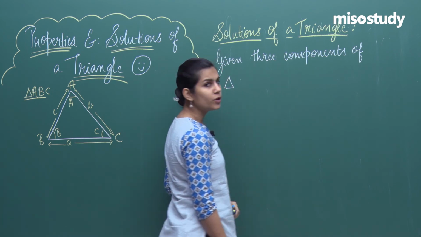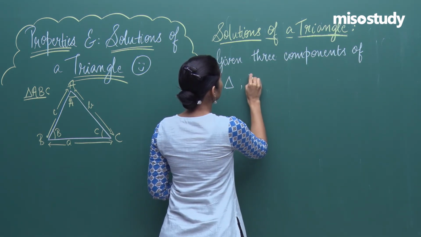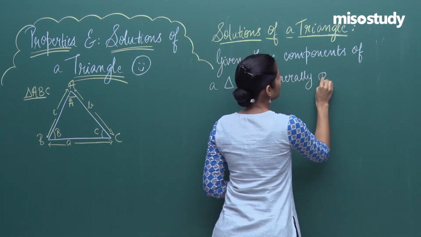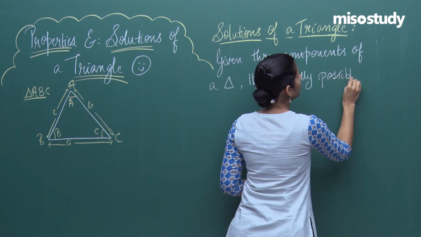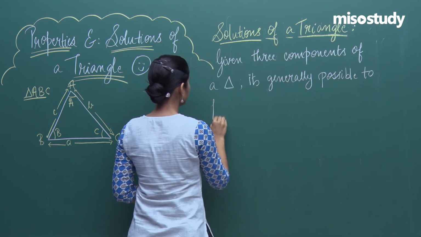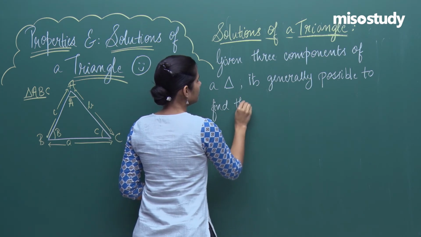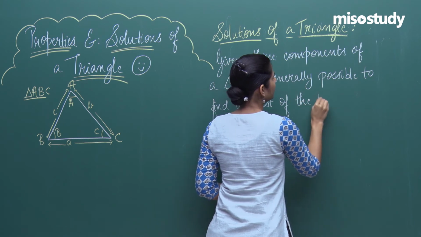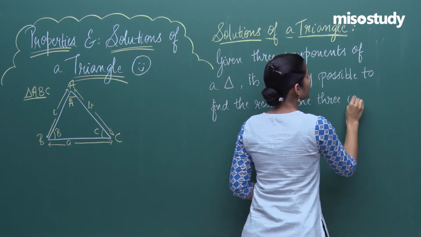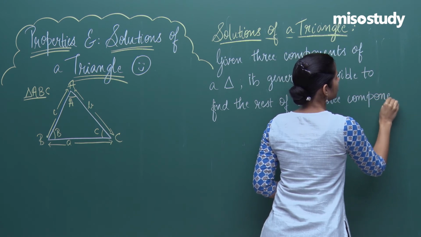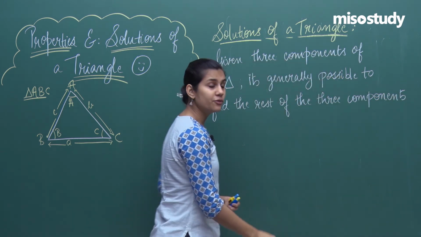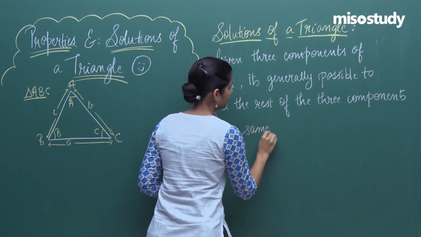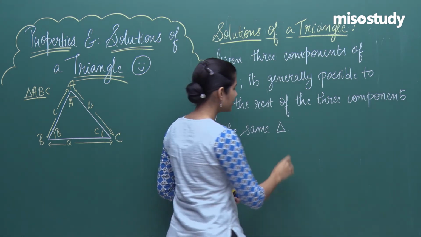So, given 3 components of a triangle, it's generally possible to find the rest of the 3 components of the same triangle. Right?